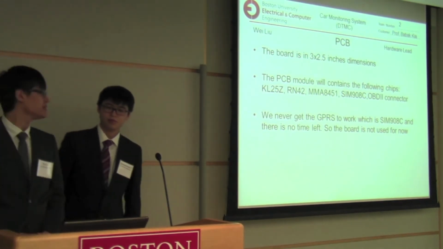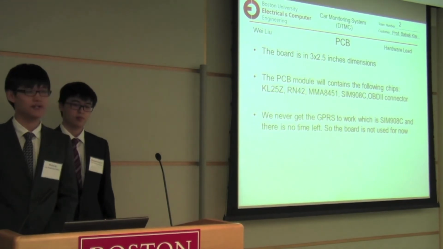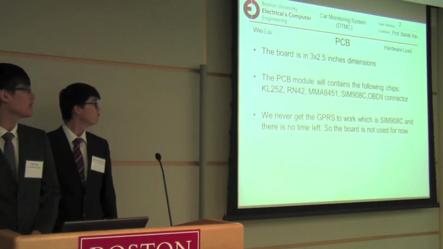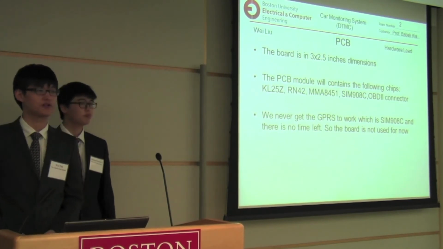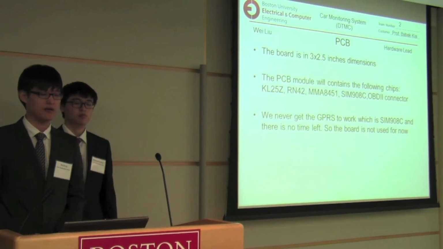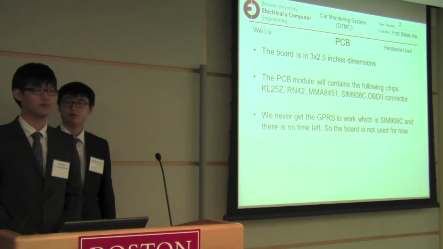Actually, I'm doing the PCB part. The PCB, the printed circuit board, is 3 by 2.5 inches in size. On the PCB module, we have a microcontroller to process all the requests from the other chips, and an RN42 Bluetooth chip to do the internal communication.